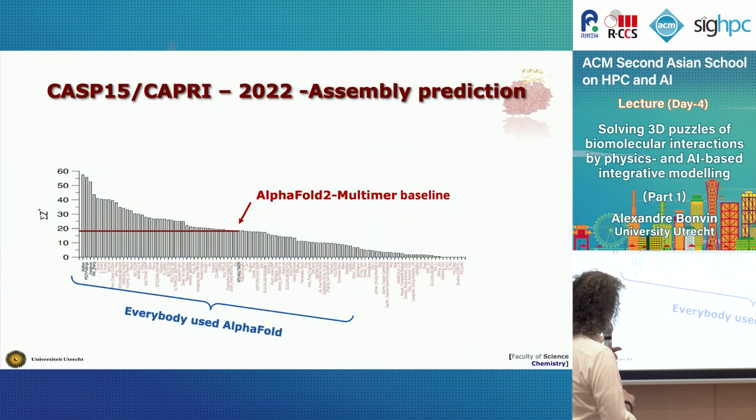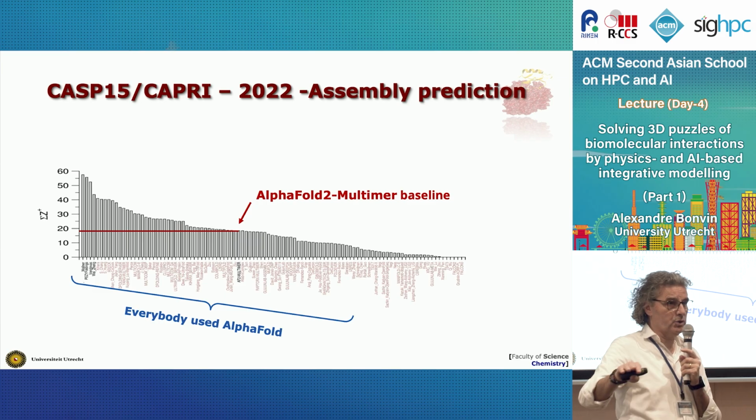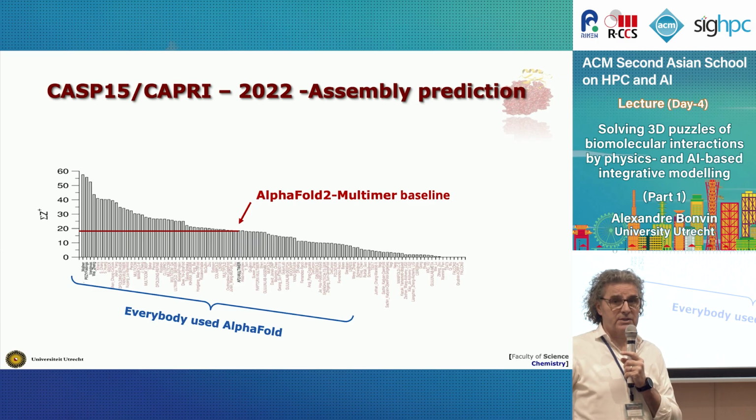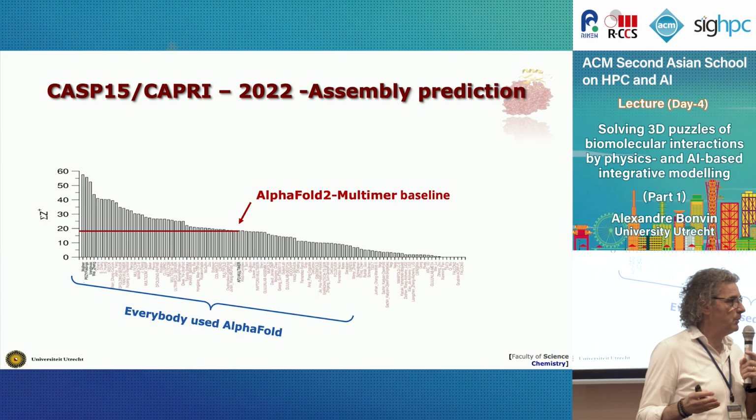Then came CASP 15. So this is 2022. This is where AlphaFold stands in CASP 15, again AlphaFold multimer taken off the shelf. Of course, AlphaFold was there, and pretty much all the groups now were using AlphaFold to do their predictions.